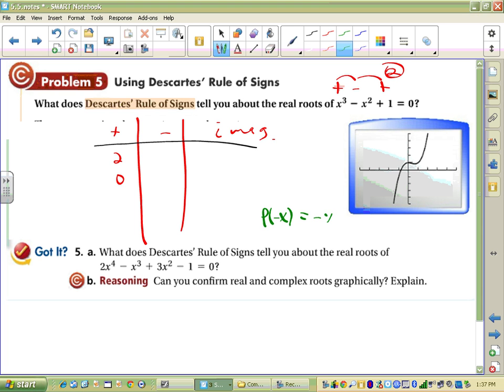That's negative x cubed minus negative x squared plus 1. That's negative x cubed minus x squared plus 1. There's 1 sign change there. So maybe it's 2, 1, and 0, or 0, 1, and 2.